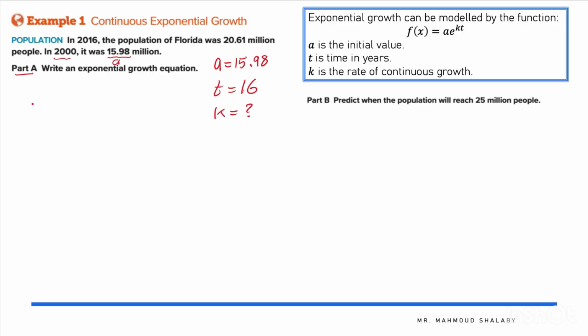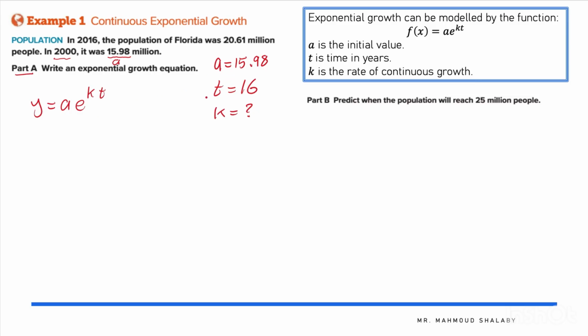I can say that y equals a e to the power of kt. I've chosen y because it's easier for writing and solving. Instead of f of x, I can replace it with y. It doesn't make any difference.